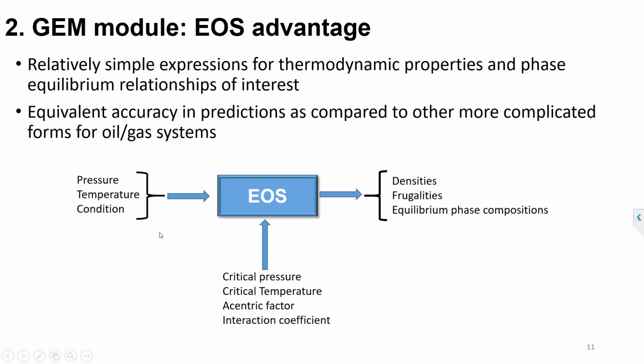In this slide we will talk about the advantages of EOS. Okay. So by using this equation, it is a relatively simple equation for the thermodynamic properties and the phase equilibrium relationships of interest, whether it is just a gas or a more complex multi-component fluid, like we see in petroleum engineering.